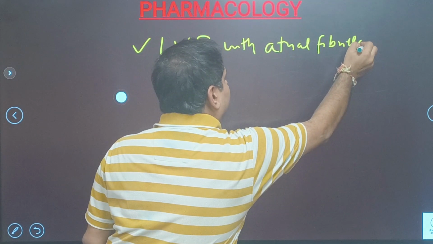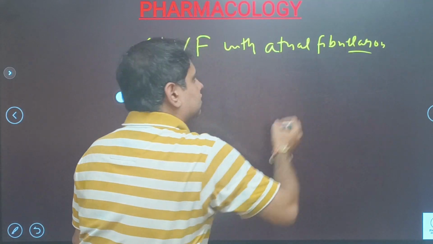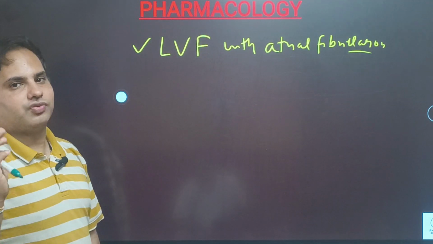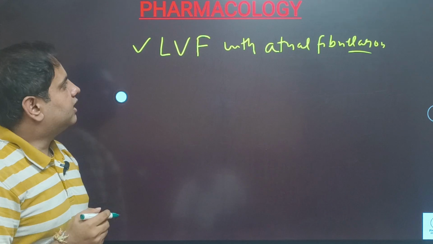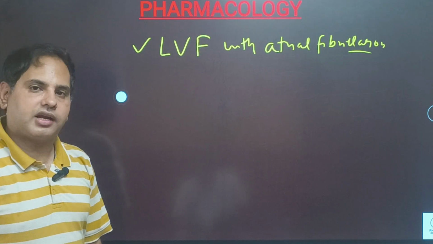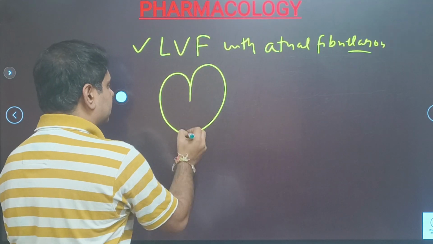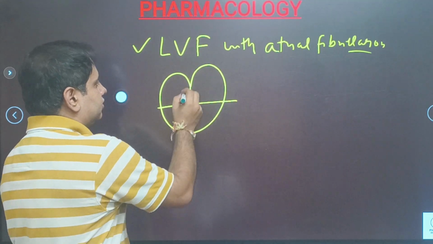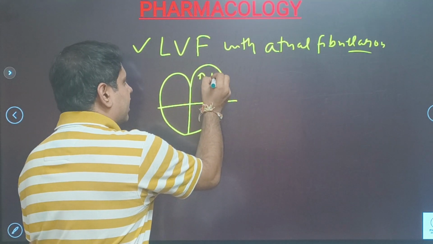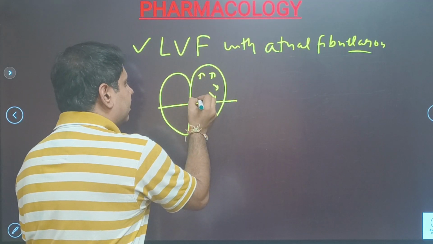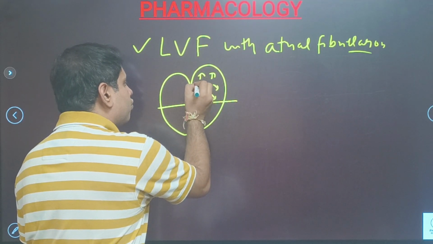So first you have to understand what is atrial fibrillation and why digoxin is a very useful drug when the patient has left ventricular failure with atrial fibrillation. So what happens in atrial fibrillation is, here in the atria the electrical activity becomes too fast.